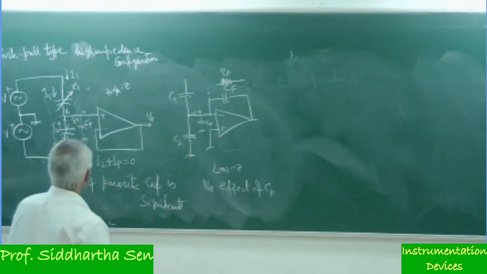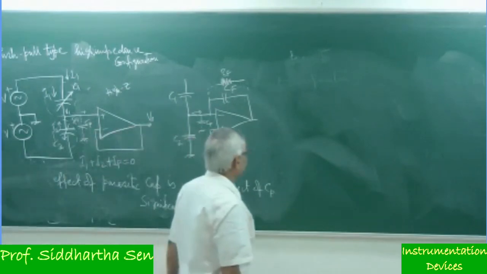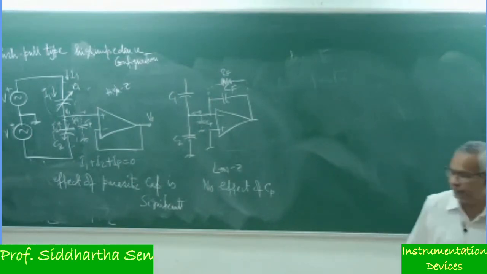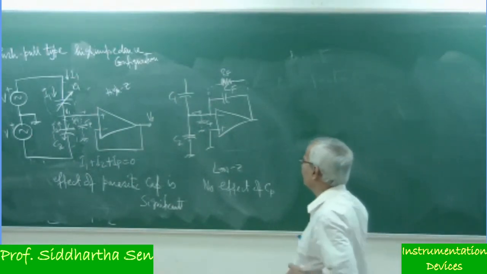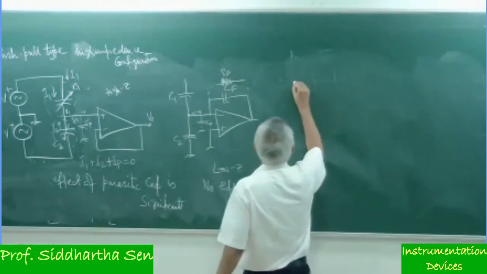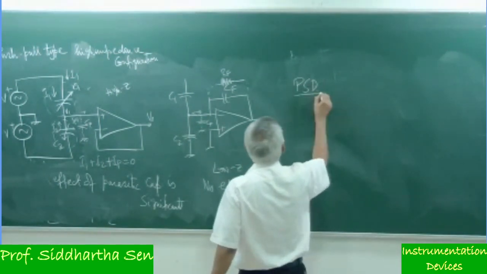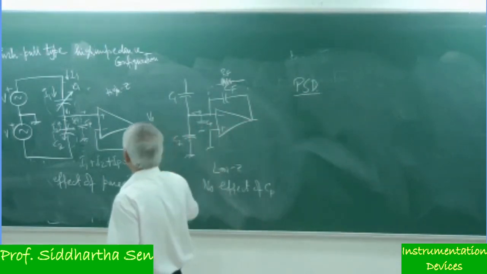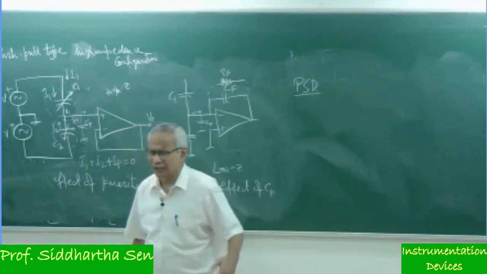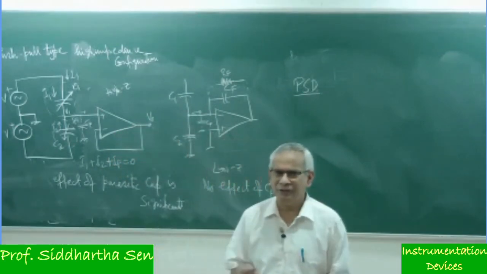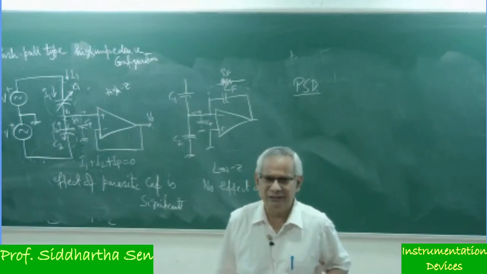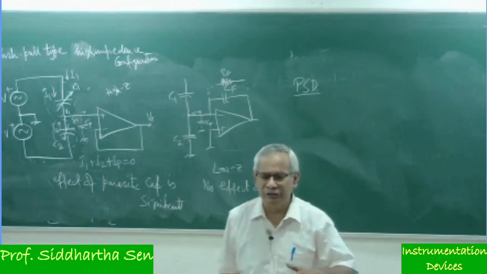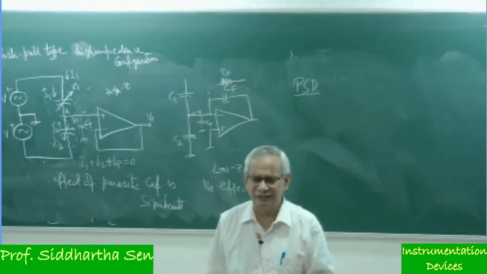And obviously, in this case also, I will go to that point afterwards. But in this case also, we require a phase sensitive detector after this V0, so that the voltage can be converted into a DC voltage, and from this we can also know the direction of the movement, if it is a displacement type sensor.